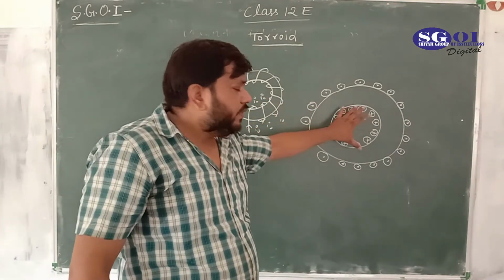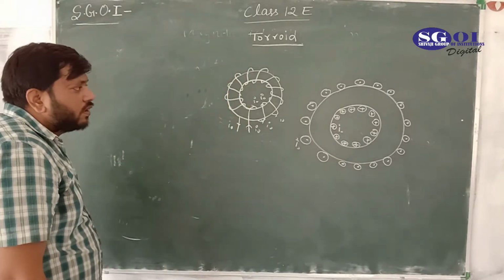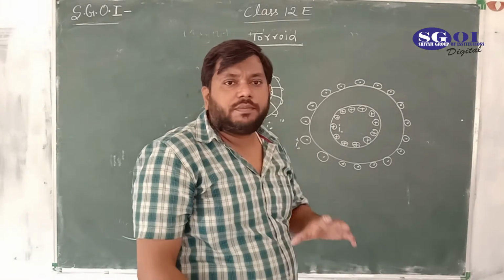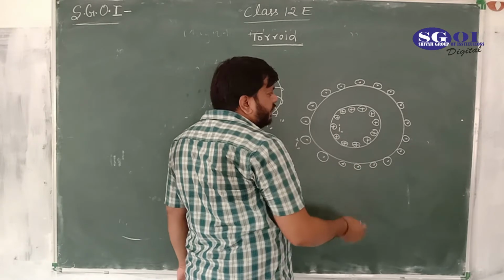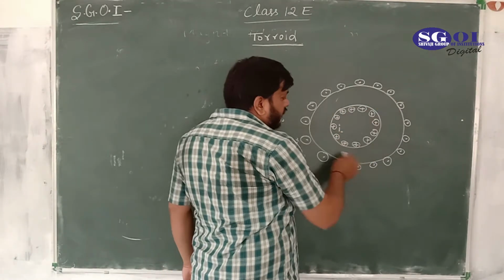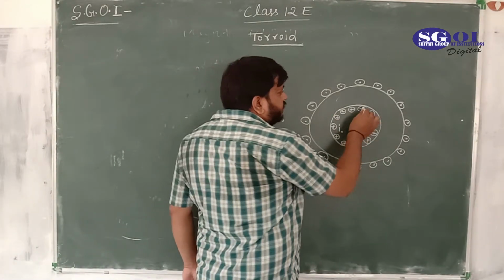So we would derive using this structure as we have derived in the solenoid. First of all we would observe the direction of the magnetic field in the region between the toroid.